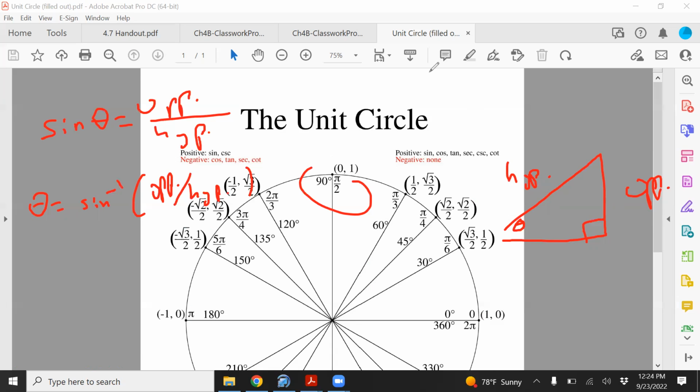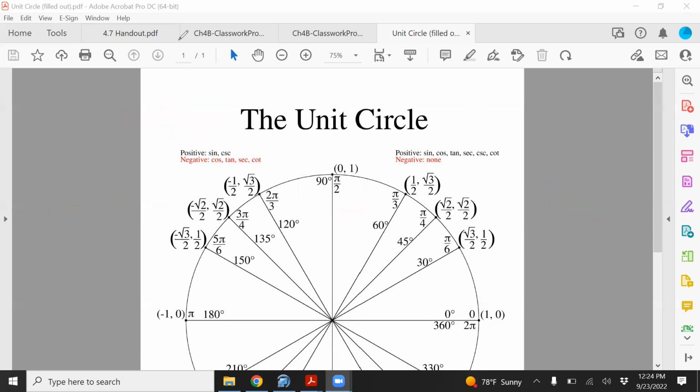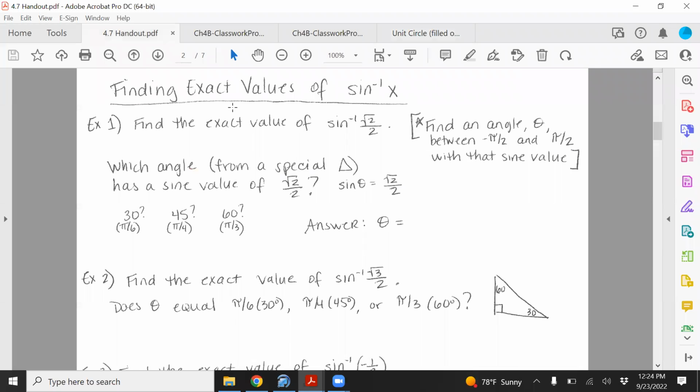Okay, now let's go back to the notes. I've kind of said my piece about that. So let's look at this problem. Here's how you do it. Your goal is to find where y equals √2/2 on the unit circle.